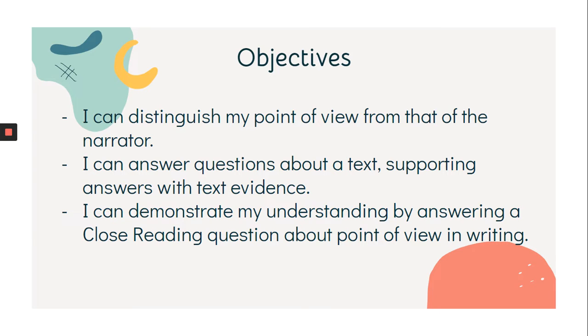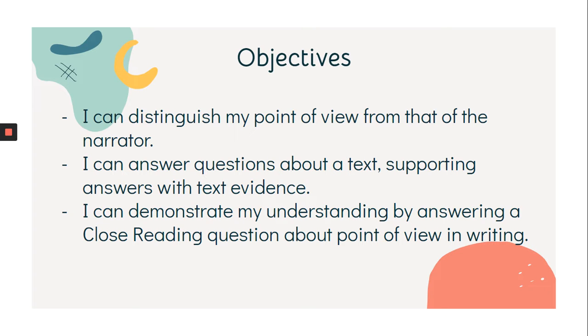We're going to be able to also answer questions about a text, supporting answers with text evidence. So we're going to be asked a question and have to provide that great wrap. If you remember from the week before spring break, we talked about how do you answer with text evidence and give a great third grade answer.